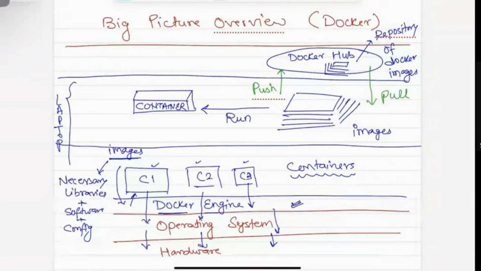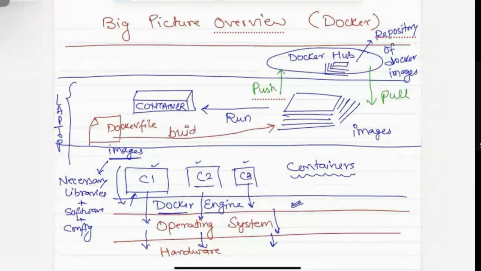Now, one last piece remaining in the big picture overview is a file called a Dockerfile. The purpose of a Dockerfile is to define what you want to bundle in the image, what you want to put in the image. So you write a Dockerfile, and when you build it, you create an image on your laptop.